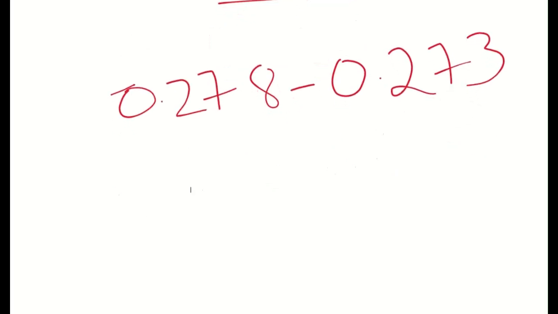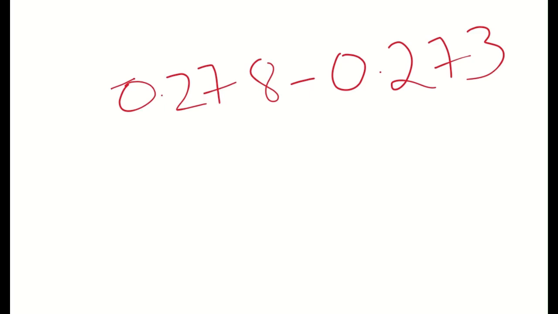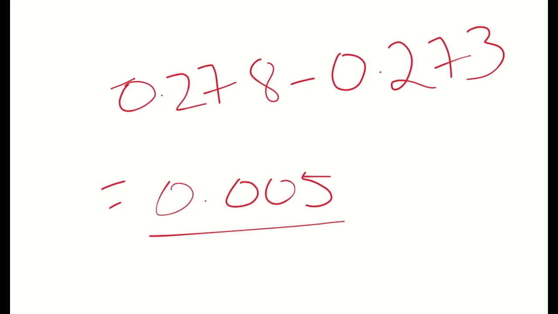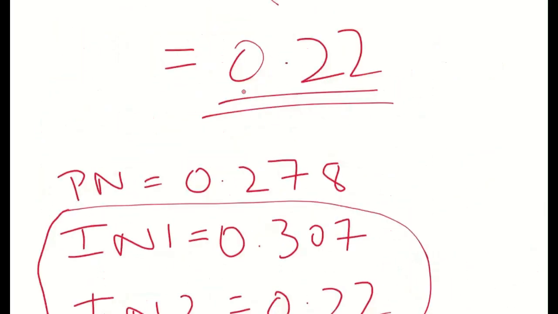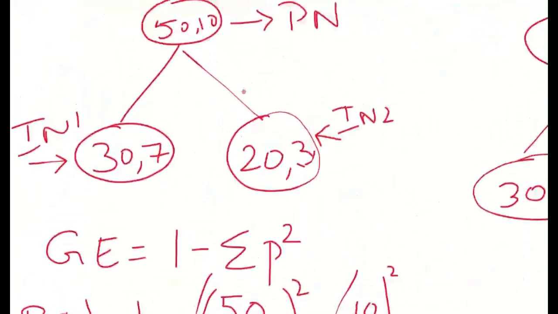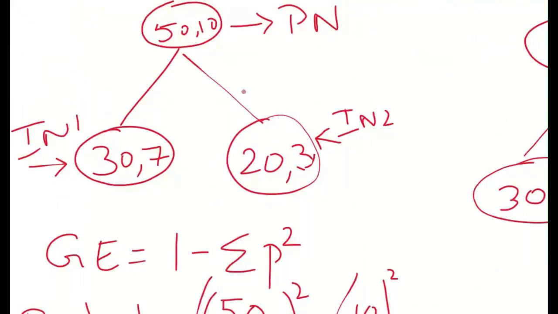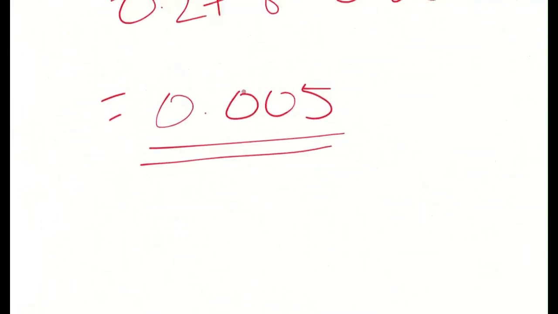So the information gain with these two numbers will be 0.005. Now, this tells us that there is a certain amount of information gain happening because of a certain split. So, if we look at this particular split alone, this is what we are going to get.